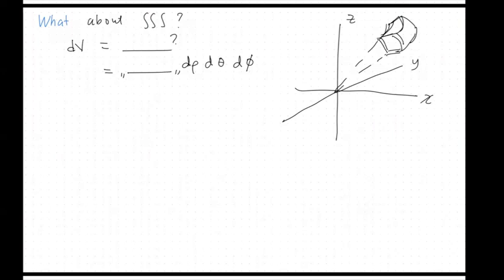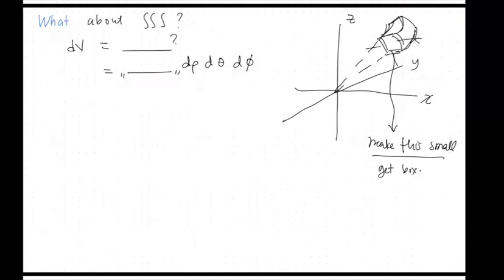And what we will do is to make this small, and we get a box. And then for each of these sides, you just have to multiply the length, the width, and the height.